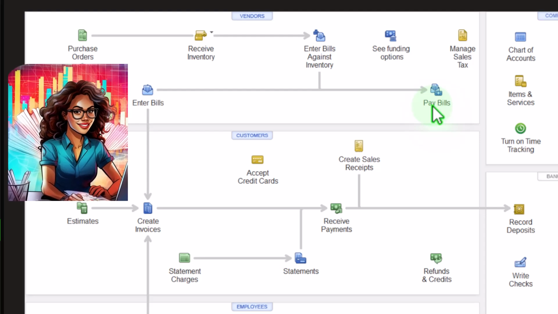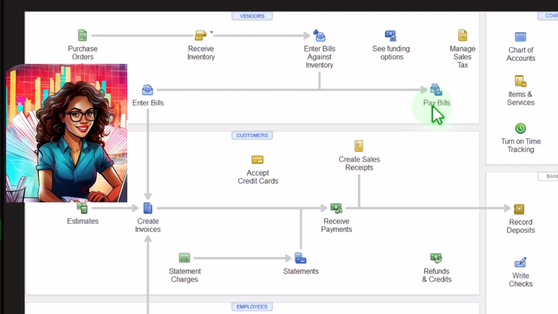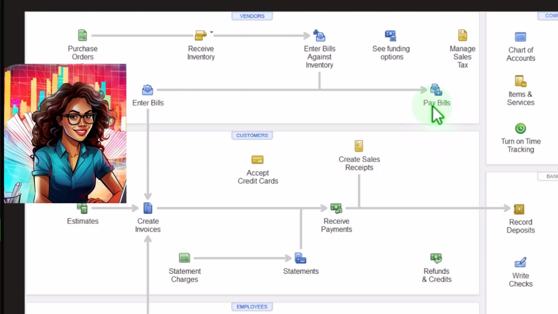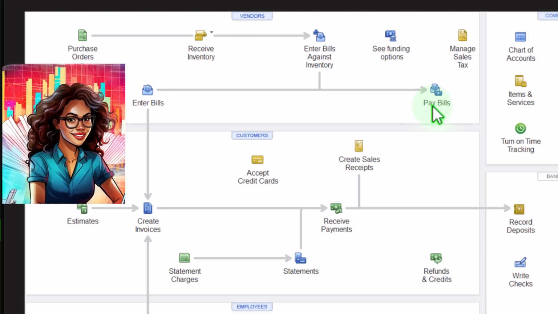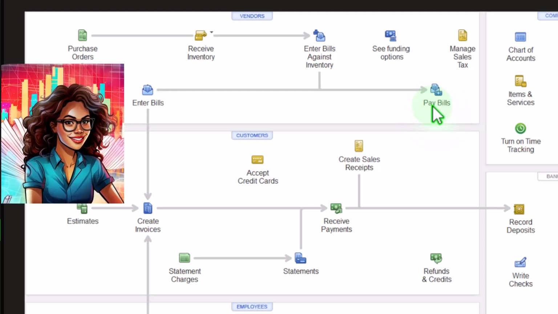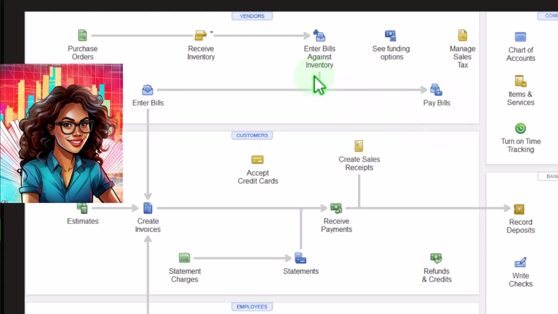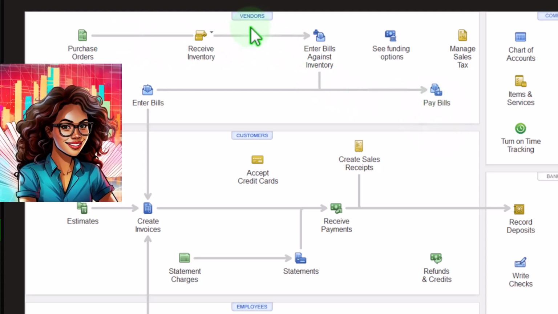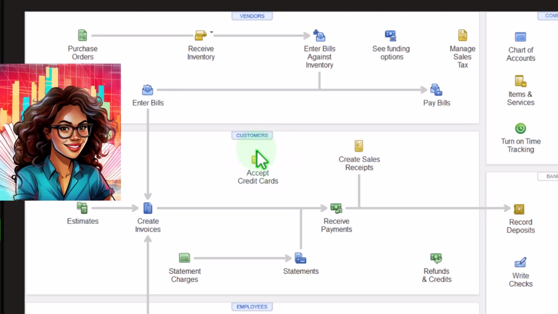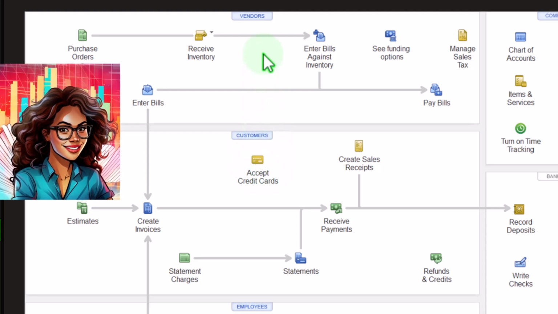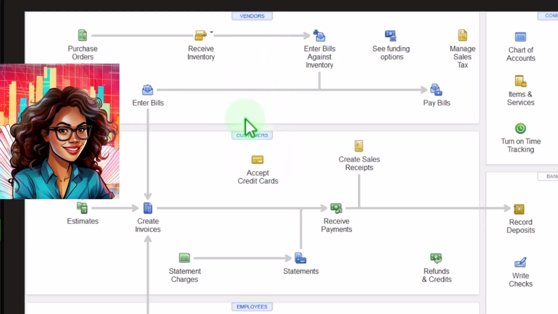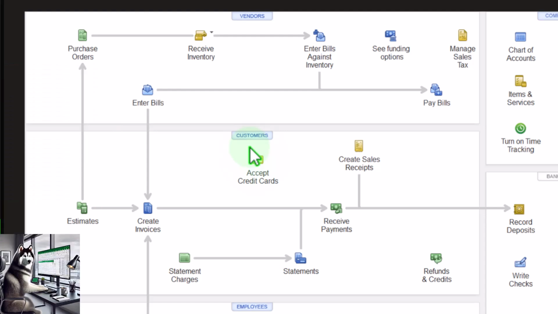Now, then you have the inventory. If inventory is involved, that's going to throw a wrench into the system because inventory also has an accrual component to it, and inventory kind of crosses over between the vendor side of things and the customer side of things because, of course, we first have to purchase inventory and then we sell the inventory, right? So it's going to be part of both the purchases cycle and the customer cycle.